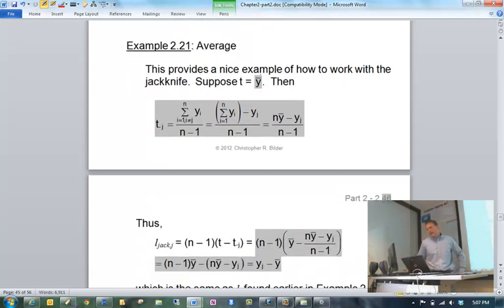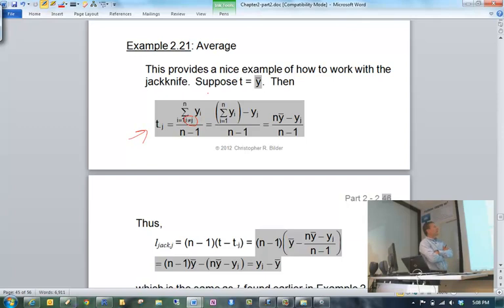So let's talk about then working with the average. This is a real nice application that shows what the jackknife does. So what is actually T sub negative j when we're working with the average? Well, it's a sum of all your y sub i's except for, let's say, when i is equal to j.